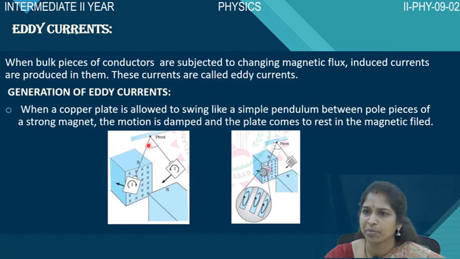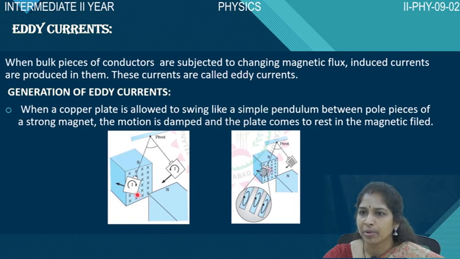This copper plate is suspended in the magnetic field. A magnetic field is generated around the magnetic dipole, and the copper plate, fixed at one end, is suspended in that field.